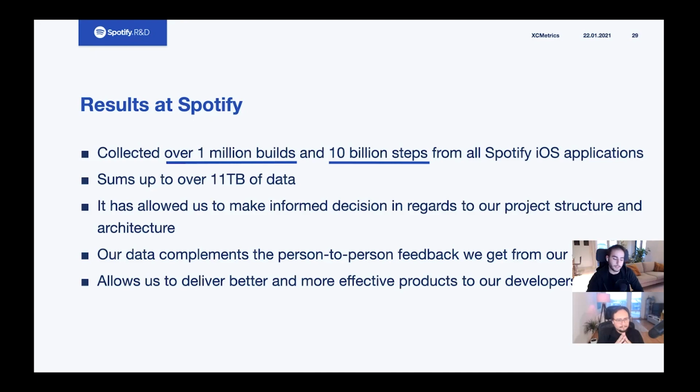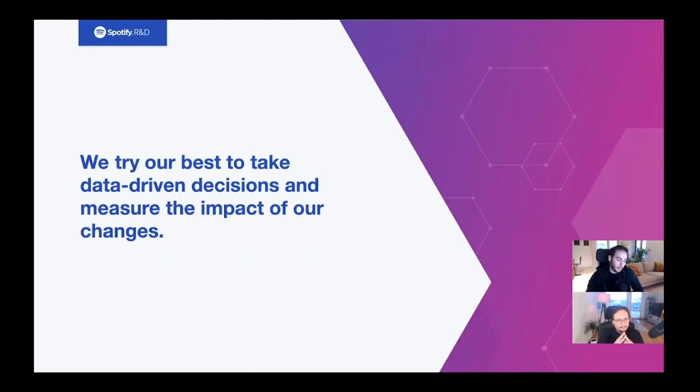We still get survey answers from our developers, and we still do one-to-one meetings with them to understand how they're feeling and how the experience is in their day-to-day job. But XCMetrics has allowed us to deliver even more effective products to our developers. So we're really happy about it. And our mission is always to try our best to make data-driven decisions and measure the impact of our changes. XCMetrics definitely helped us in that mission.